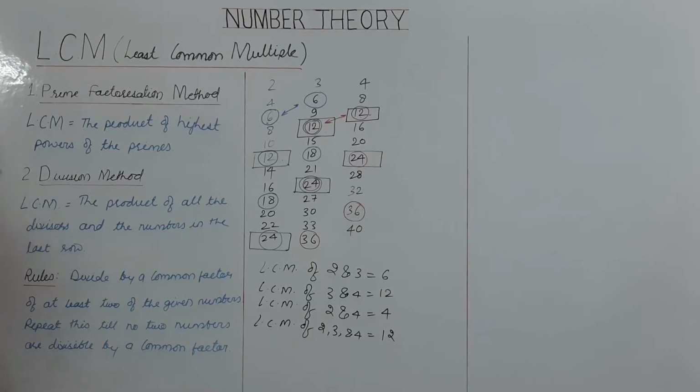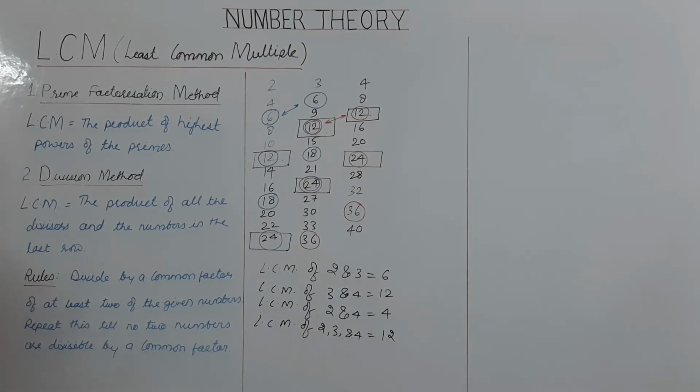Now we have two methods for finding LCM. First is method of prime factorization. Second, division method. In the first method, how to calculate LCM: the product of highest powers of primes is LCM.